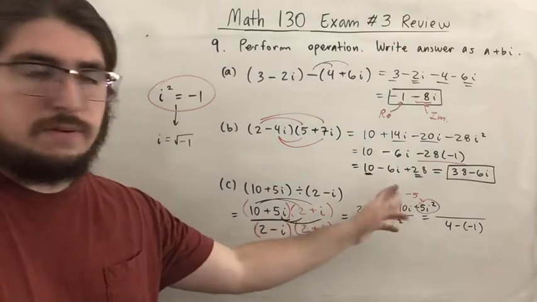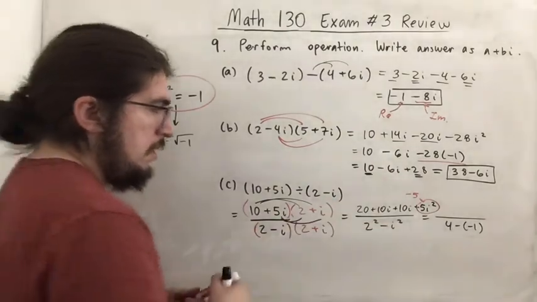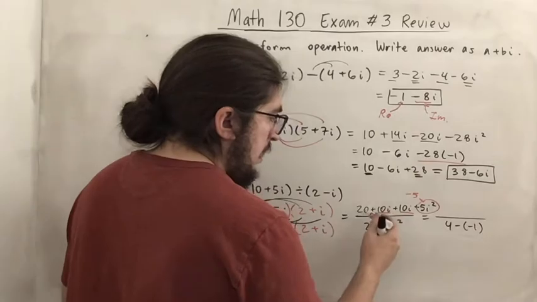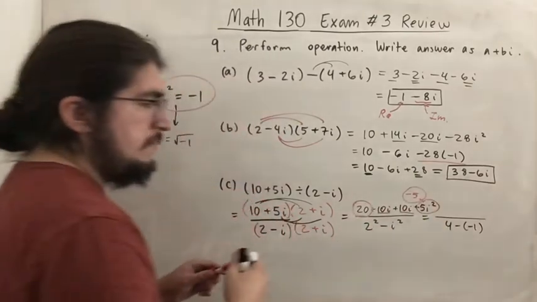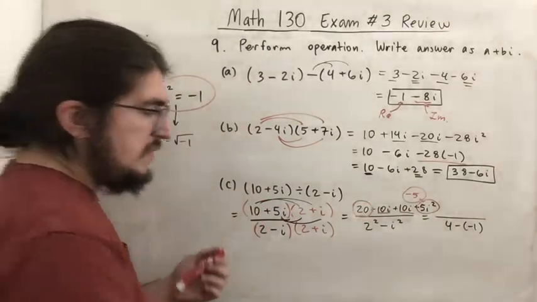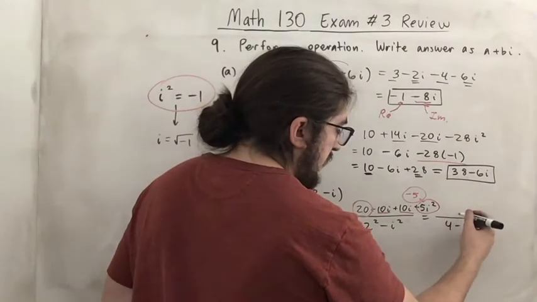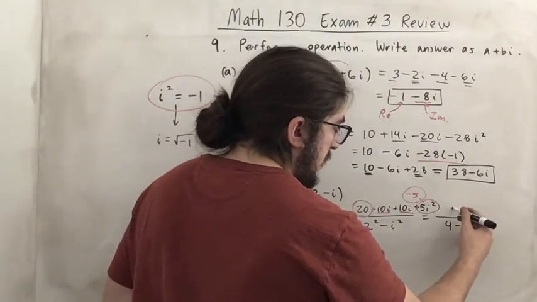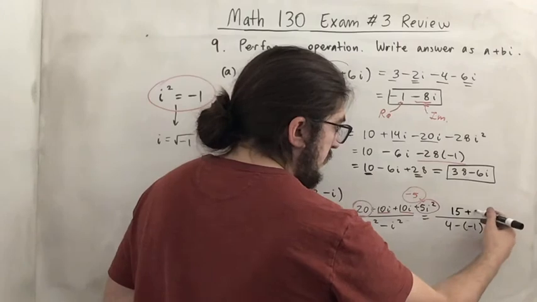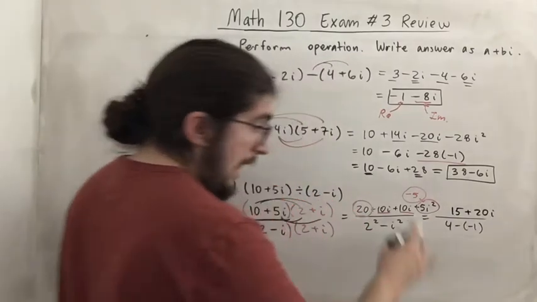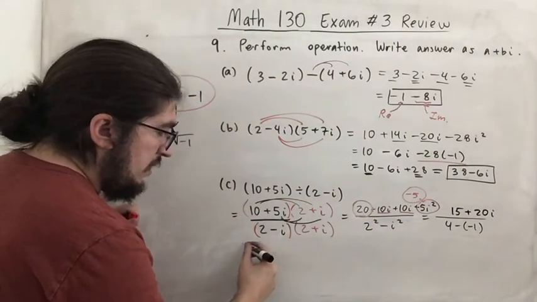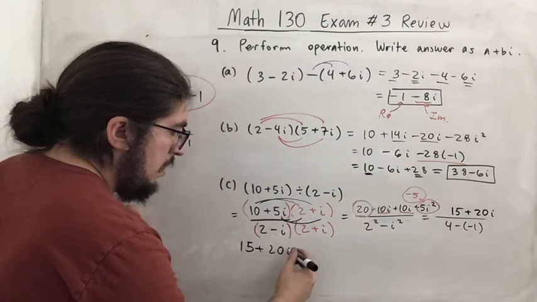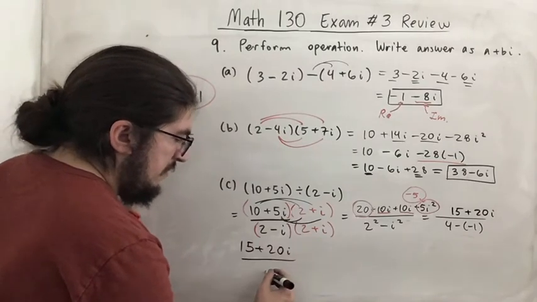It was positive, so it's negative now. Okay, these two combine to 20i, and these two combine to 15. Right? 20 minus 5 is 15, and 10i plus 10i is 20i. So we get 15 plus 20i. And that denominator really is 5. So this is really 15 plus 20i all over 5.